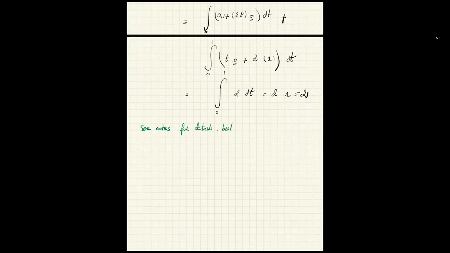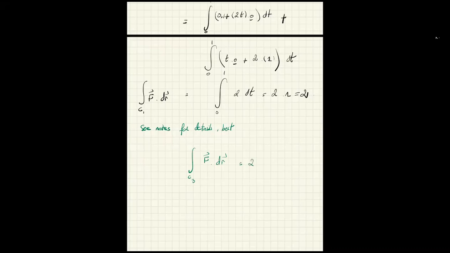Remember, this one was the integral over C1 of f dr. Now, if you look at the notes, it's the integral over C2, the circle, of f dr. How much is it going to give?